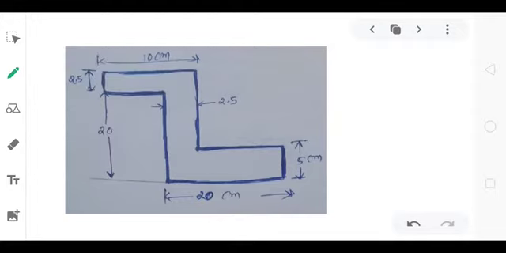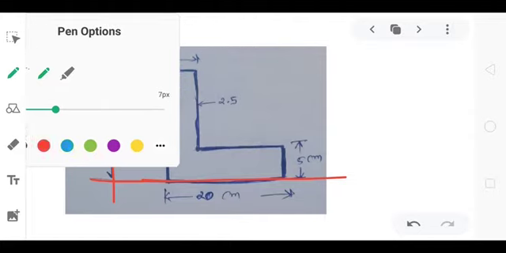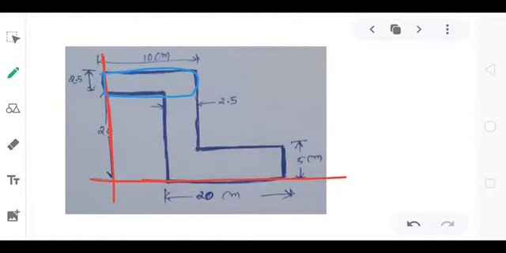I first draw reference lines and baseline. Which three rectangles did we have? One is this rectangle, the second rectangle is this one up to here, and the third rectangle is this. Okay, these are the three rectangles we have.